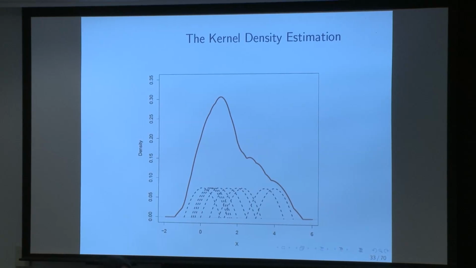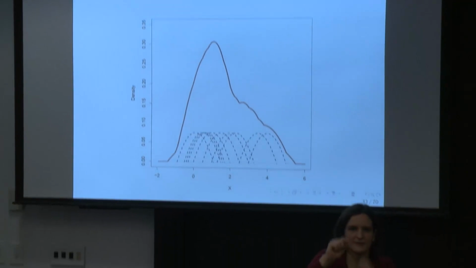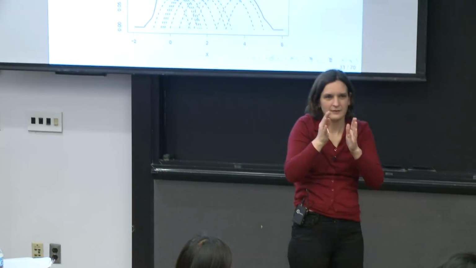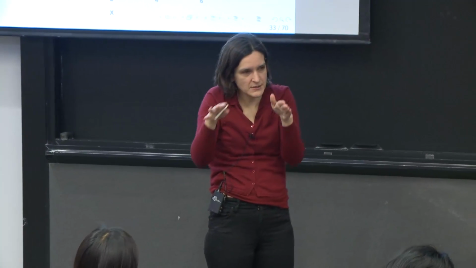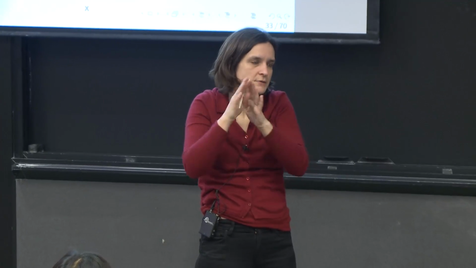What it does in practice is some counting, except it counts only the observations that are close by, like a histogram. It also gives more and more weight as the observations are closer and closer to each other.